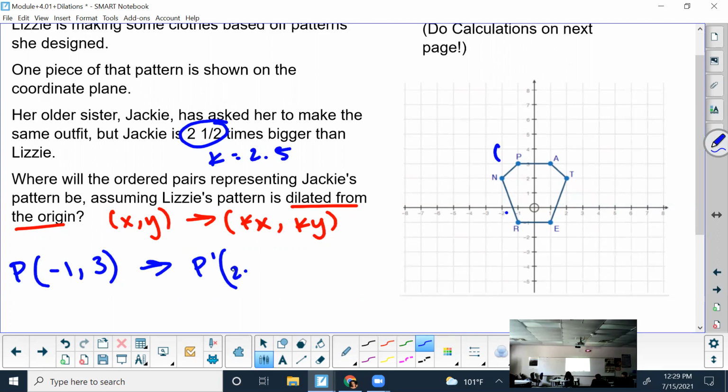We're going to do 2.5 times x, which is -1, and 2.5 times 3. And then simplify it, we get -2.5 for P prime and, wait, 2.5 times 3 is 7.5, sorry.